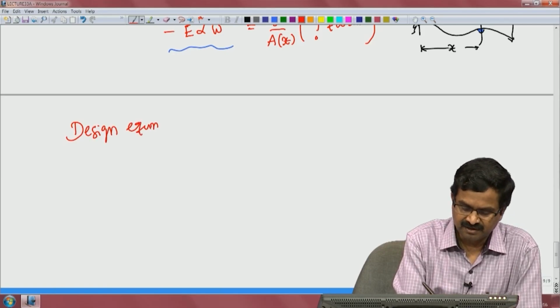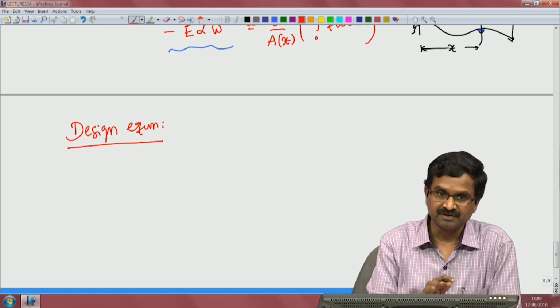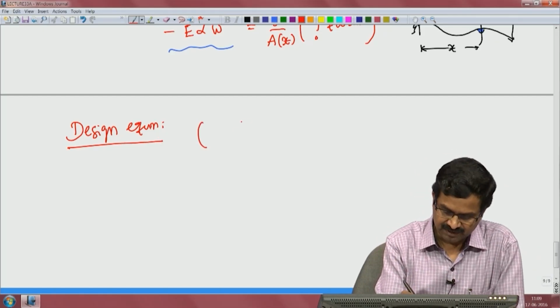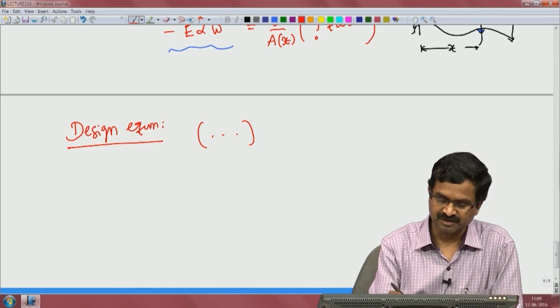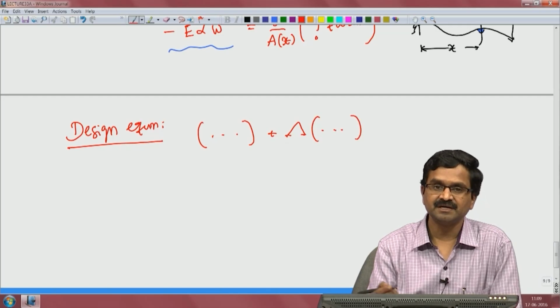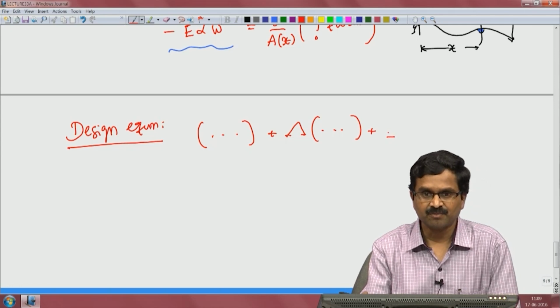Then the design equation, which is obtained by taking the variation of the Lagrangian with respect to the design variable, gives something, and that something again is the gradient of the objective function plus lambda times the gradient of the corresponding constraint, here the volume constraint. Let us say I have another constraint, a functional type constraint.